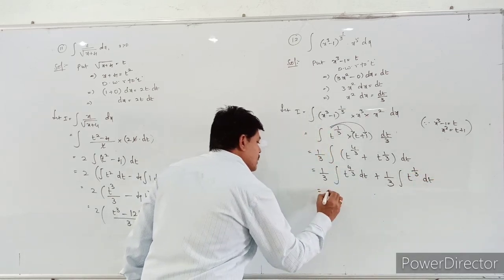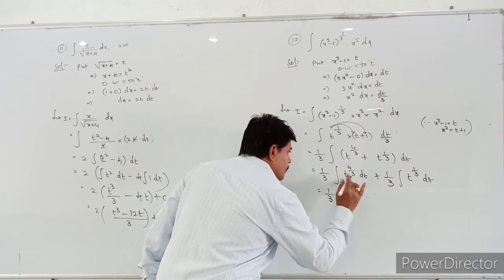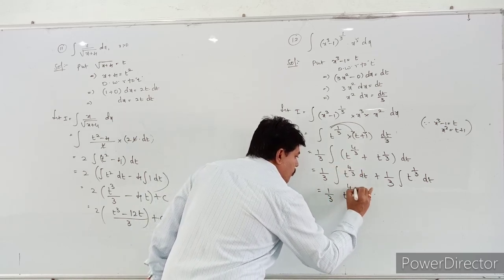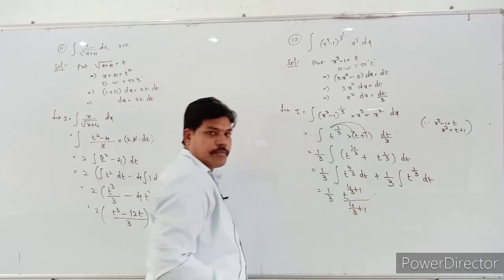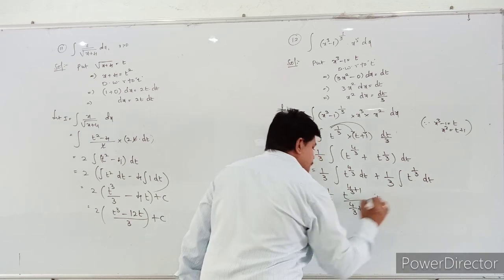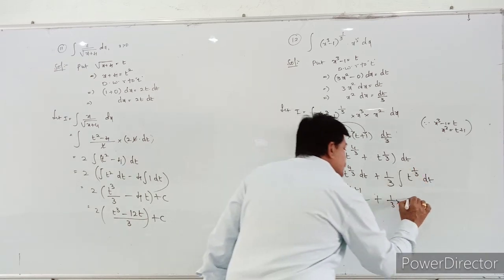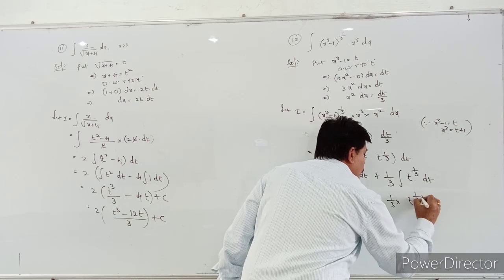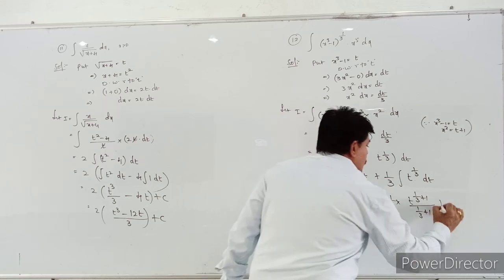So that is 1 by 3 into t power 4 by 3 plus 1, by 4 by 3 plus 1, plus 1 by 3 into t power 1 by 3 plus 1, by 1 by 3 plus 1, plus c.